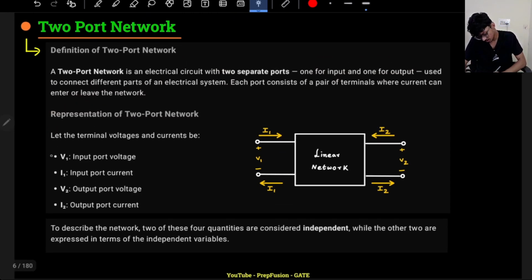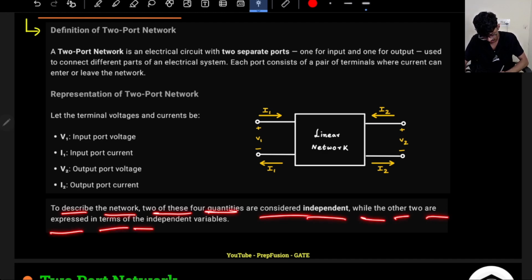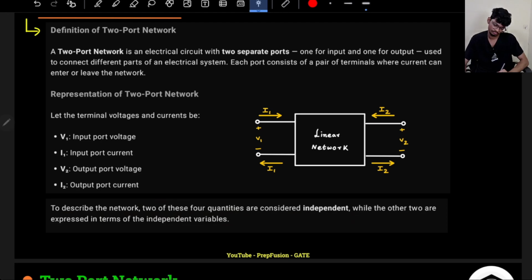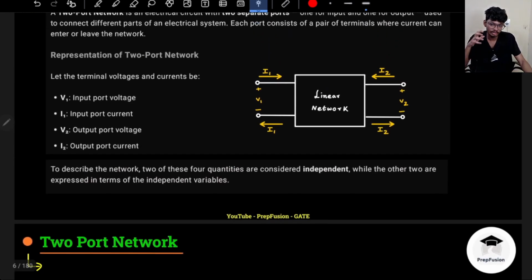Representation of two port networks: V1 is the input port voltage, I1 is the input port current, V2 is the output port voltage, I2 is the output port current. To describe the network, two of these four quantities are considered independent, while the other two are expressed in terms of the independent variables.